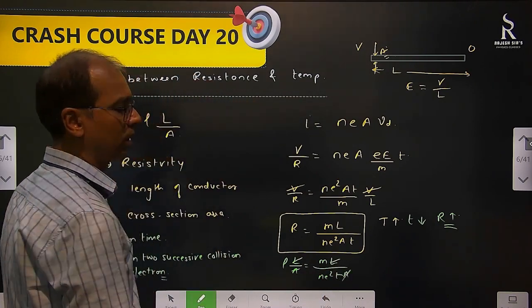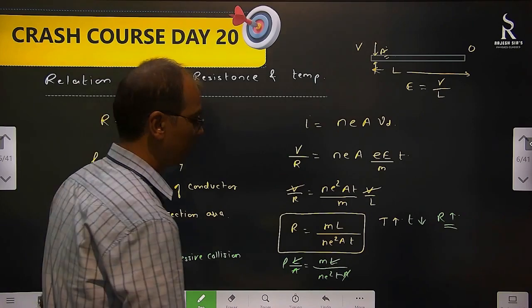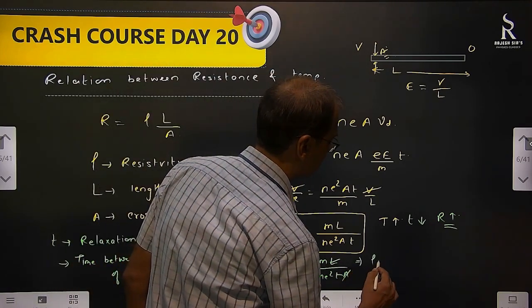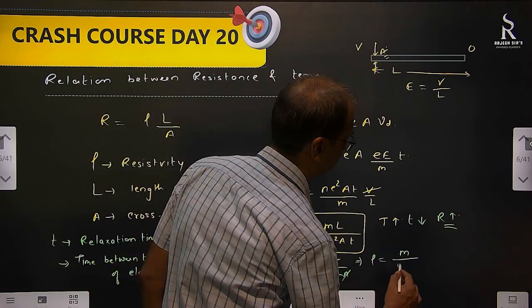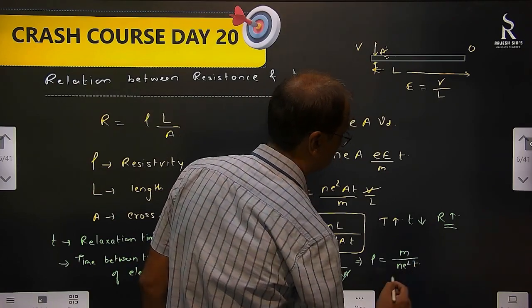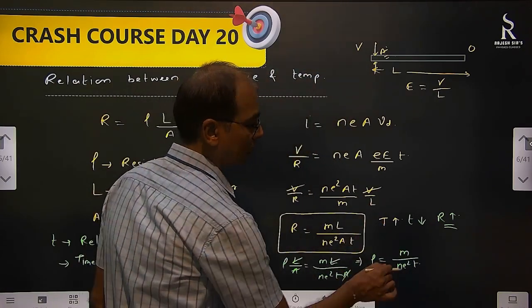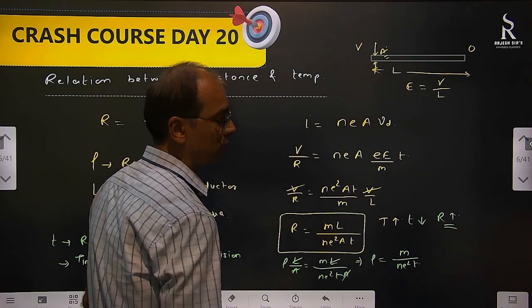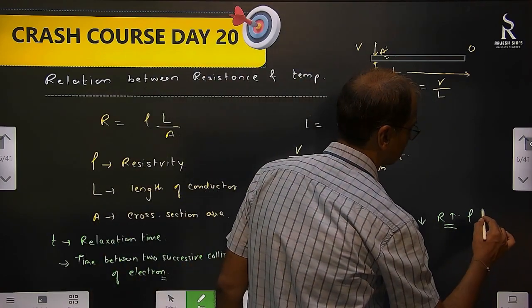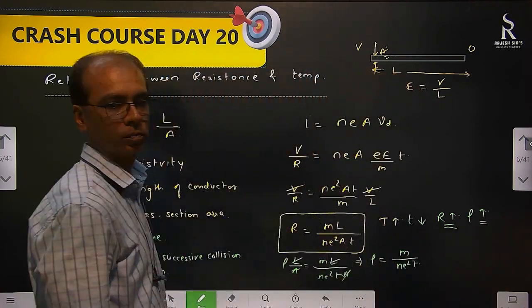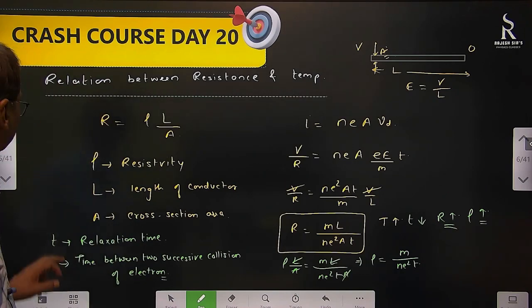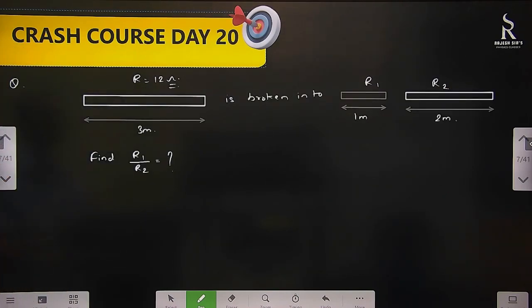So M by NE square T is resistivity. M by NE square T. Okay, so if temperature is increased, this T decreases, the rho also increases. So here you can write resistivity also increases. Clear?